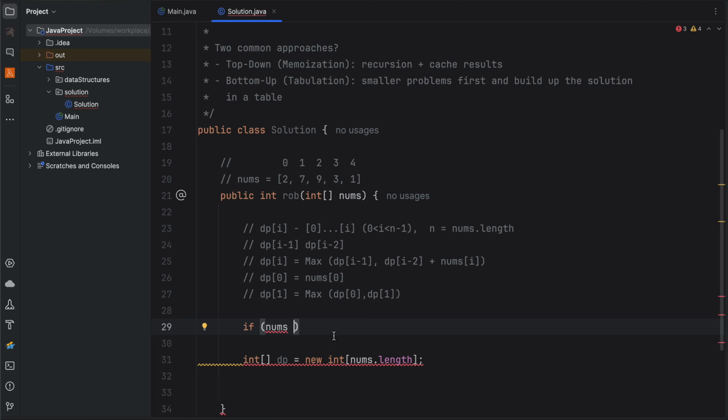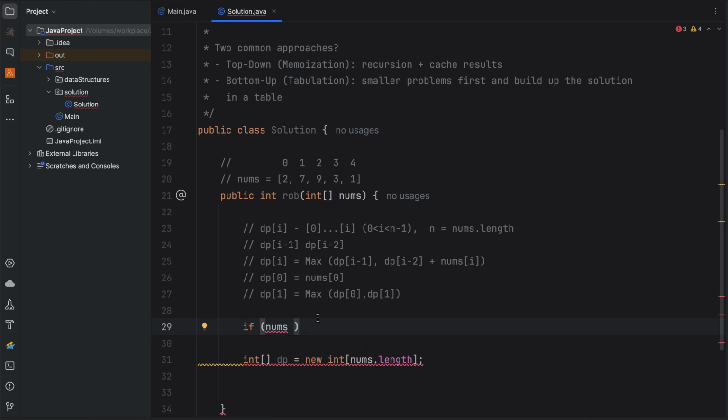So please make sure to clarify this with the interviewer, to make sure that we are aware of these constraints.